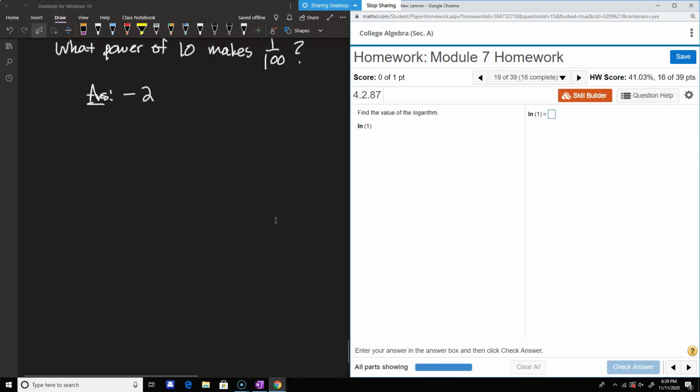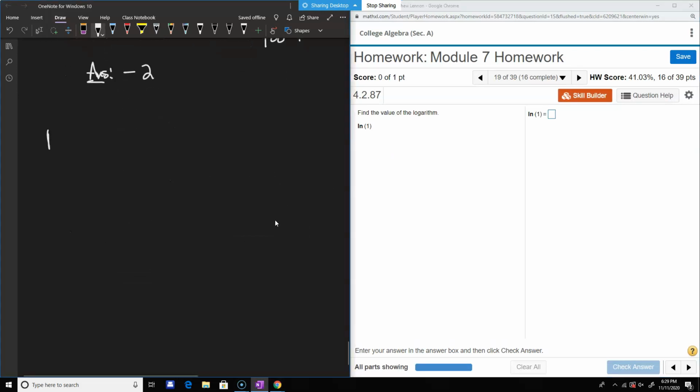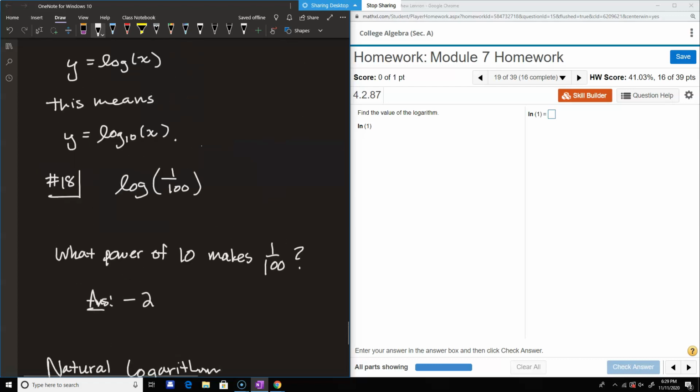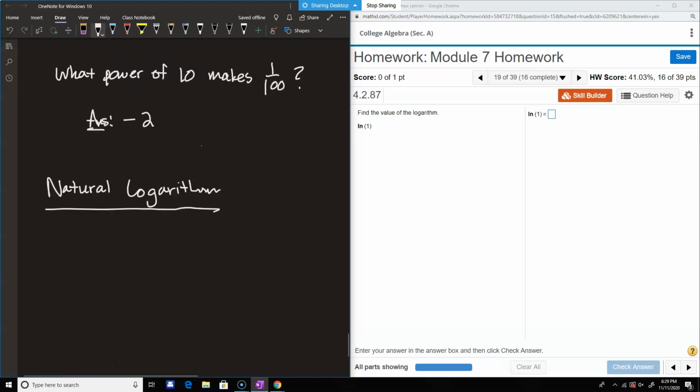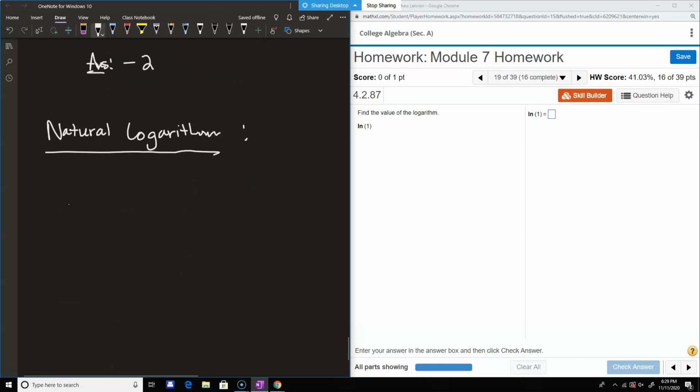And then the other special logarithm is known as the natural logarithm. The natural logarithm is ln. So y equals ln of x, and basically this means y equals the log base e of x.